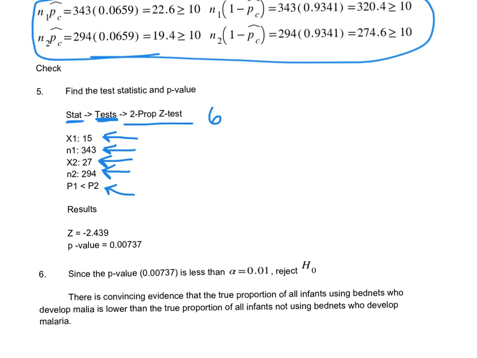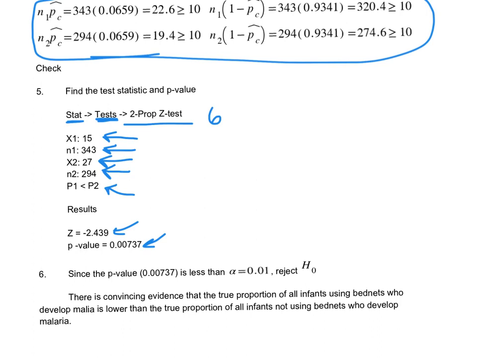Yep. And we get a test statistic, or a z-score, of negative 2.439, which you might realize immediately is pretty low. And it also calculates a p-value for you. We don't have to do a normal CDF. It does it for us. And we do end up being lower than 0.01.